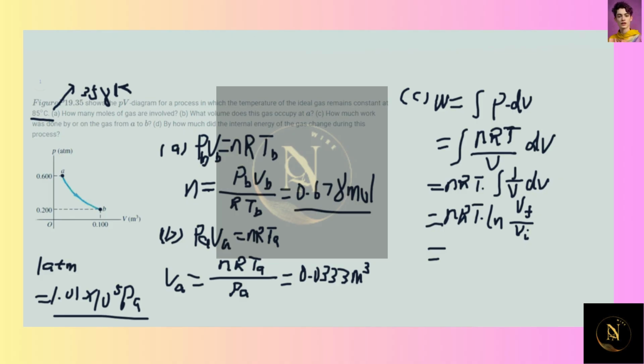n is 0.678 times 8.314 times the temperature, 358, times the log of the final volume over the initial volume. The initial volume is this one, and the final volume is 0.1, so it's basically log 3.